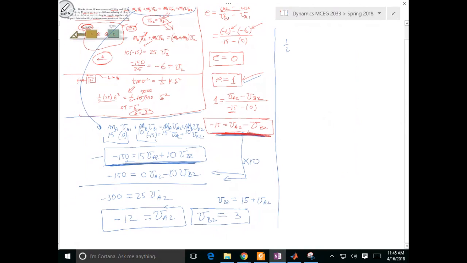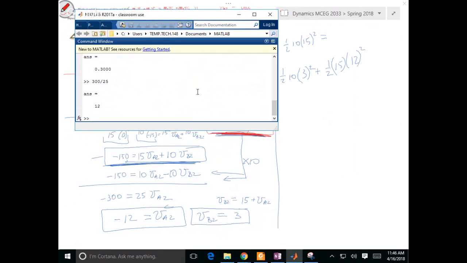1/2 m, B is 10 and V is 15 squared. I don't know what that number is. 1/2 10 times 3 squared plus 1/2, what's the other one? 10? No, it's 15, and 12 squared. Looks really weird. So if I did it real quick, unless I goof up the math, times, say, 5.